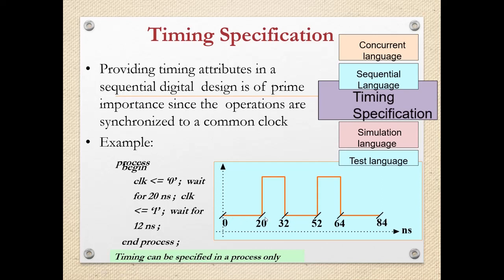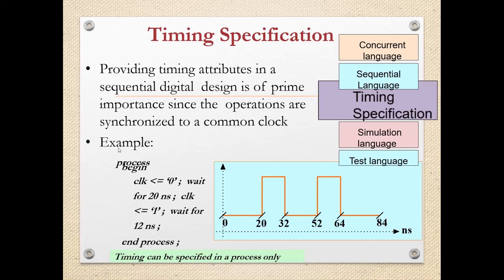This waveform may act as some stimulus to some circuit. While generating this waveform, one time reference will be taken, that is 0 nanoseconds. From this point onward, whatever sequences or events will happen in this particular waveform, those will be considered with respect to the starting time, that is 0 nanosecond.